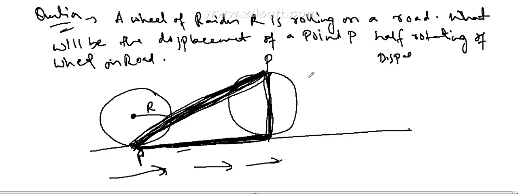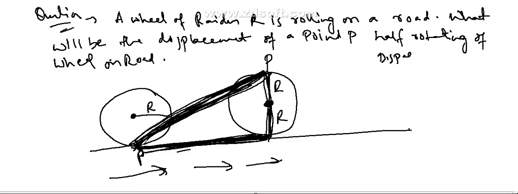Can you try? PO square plus... So this is C, this is R, this is R. But we don't know this distance. How to find out? I am saying this is half rotating.